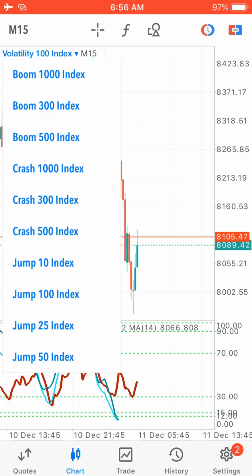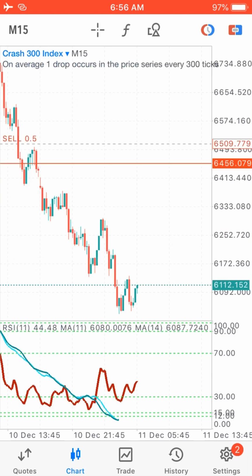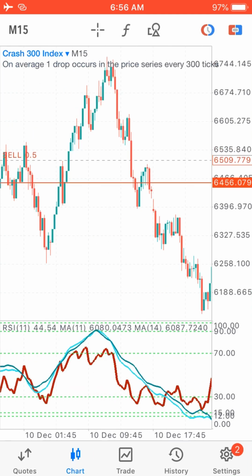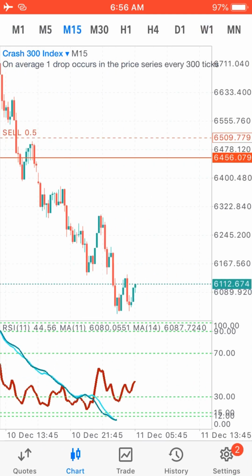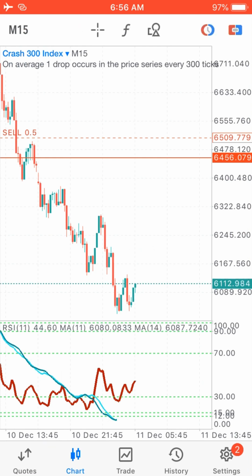Let's go to the Crash 300. Of course, we are in massive profit. We've been catching spikes. Now, the way I said that this strategy works is by using the 1 minute time frame. That's the perfect time frame for it. But also, before you start using this indicator, you also have to know where the market is going.